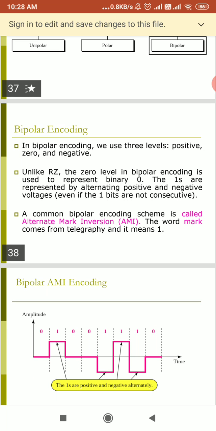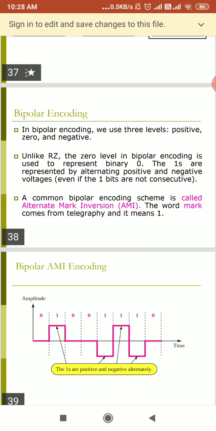It means that if there is no pulse, we use 0. And if there is a pulse, it will be positive or negative, depending on the previous value that was transmitted by that signal, and we assign it the value 1.